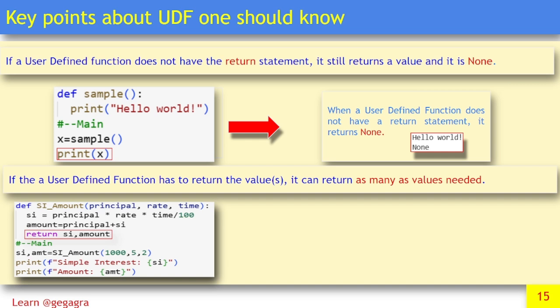When I call this function, it will return two values, simple interest and amount. Simple interest will be stored in the variable si, and amount will be stored in the amount variable. So if you want to return multiple values from a user defined function, it is able to do it.